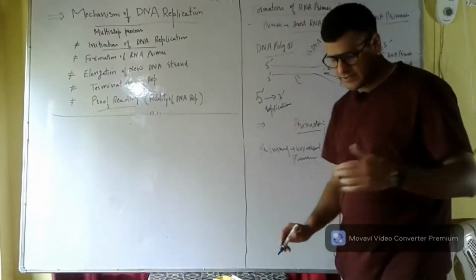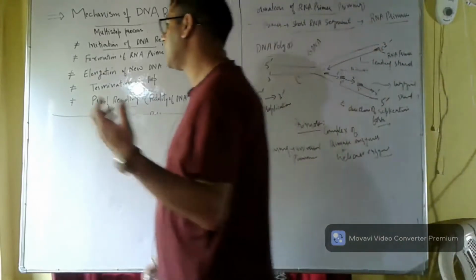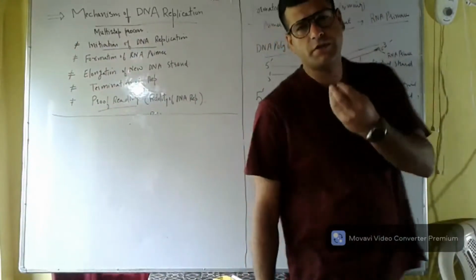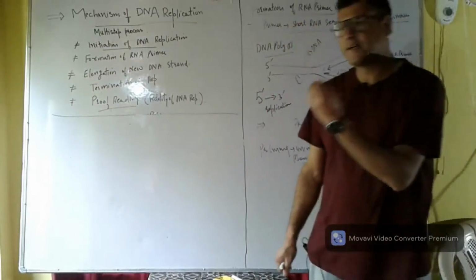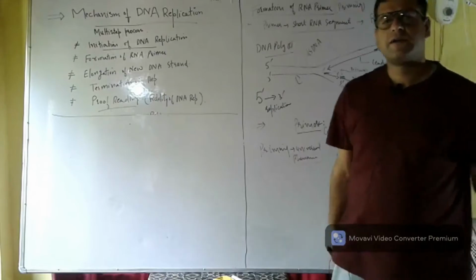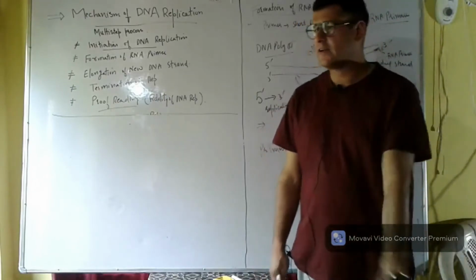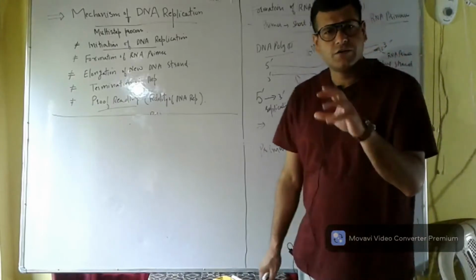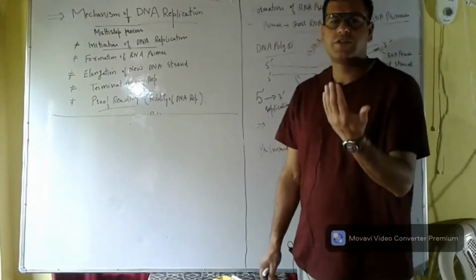During DNA replication, the formation of RNA primer becomes indispensable because DNA polymerase III, which is the most active enzyme in prokaryotes, cannot initiate DNA synthesis. It can add deoxyribonucleotides only to the 3' end.